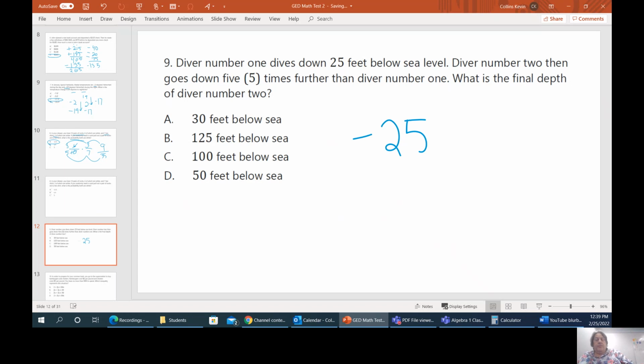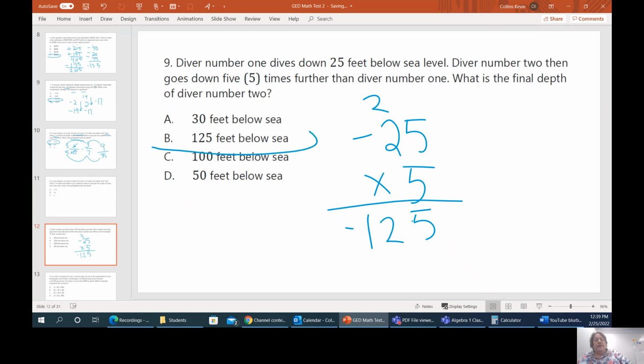Usually they use a negative sign to represent that. And then the other guy goes 5 times more. So we're just going to multiply these two together. So 5 times 5, that's 25. Bring him over, so it's going to be negative 125. So minus 125, or 125 feet below sea level. Okay, easy enough. All right, we'll check out one more today and call it.